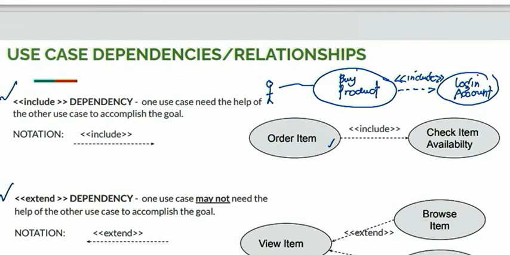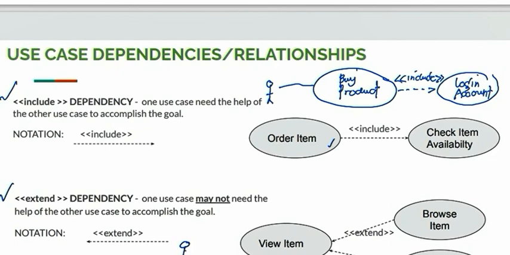The next dependency is the extend. So extend is defined as one use case may not need the help of the other use case to accomplish the goal. It means that the sub use case may not be executed just to complete the base use case. So there is an alternative course of action, or there is an option. Like the example here, this is still in an online shopping application.